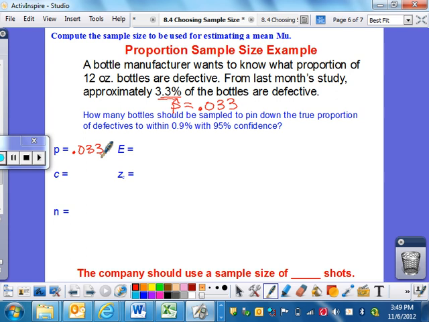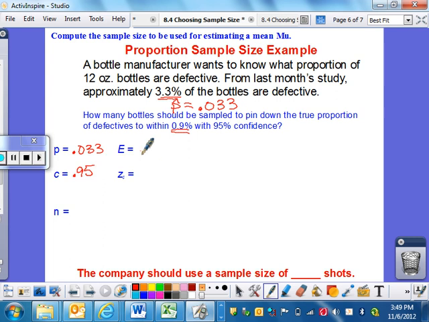All right? If you keep on reading, now I ask the question, how many bottles, so there's your n, should be sampled to pin down the true proportion of defectives to within 0.9% with 95% confidence. So the confidence level is 0.95, and your error has to be within 0.9%.